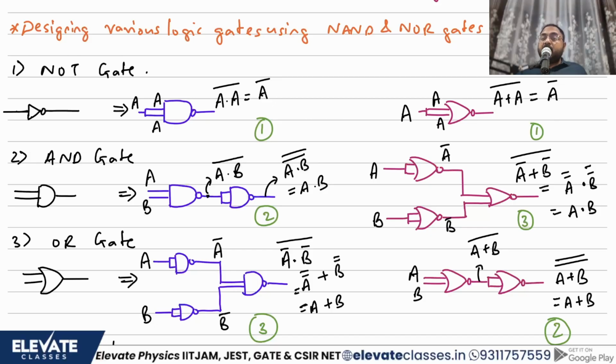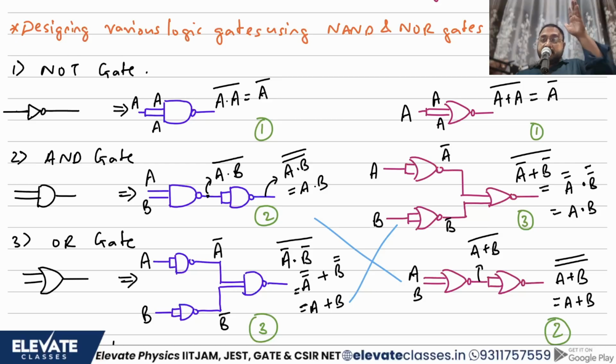What I am trying to show you is the similarity. See, these two are the same. The NOT gate can be designed similarly. When it comes to AND and OR, you'll see that the shapes get swapped. It's like match the following. This shape is the same, these two shapes are the same.